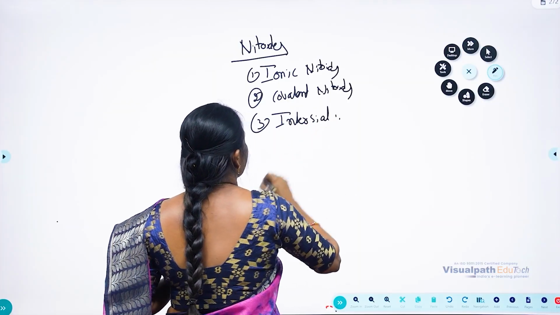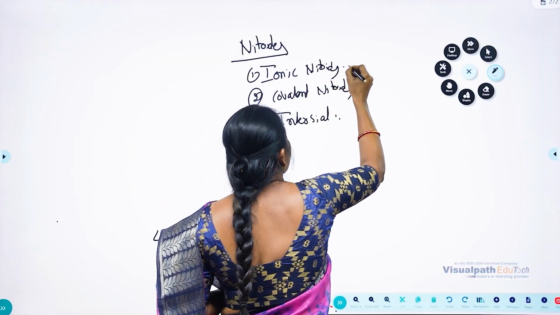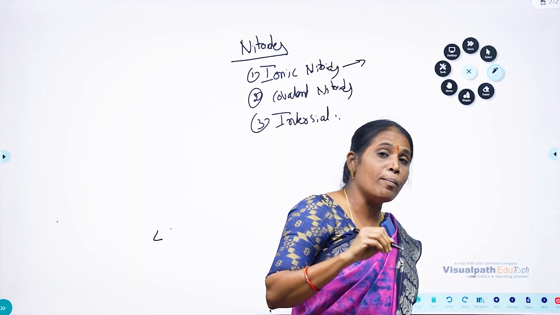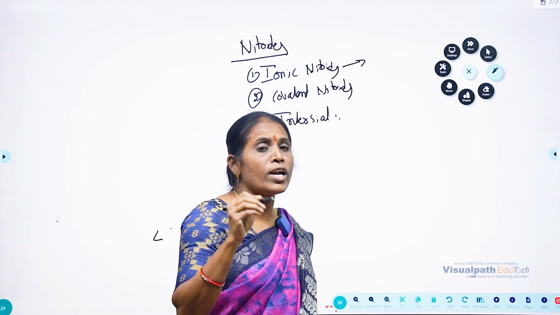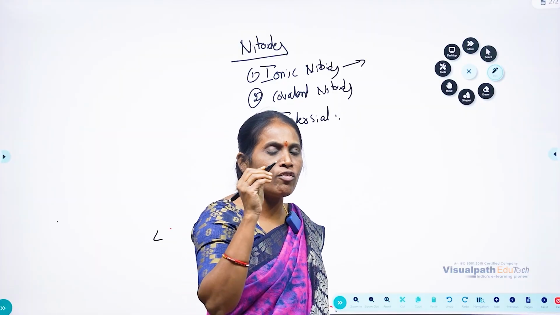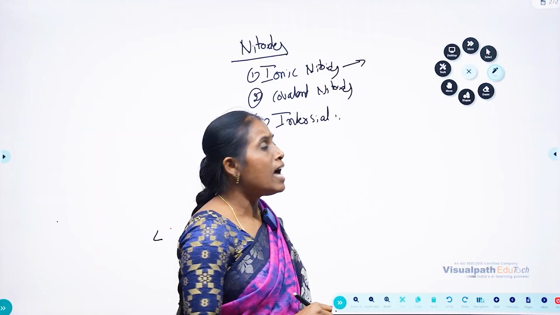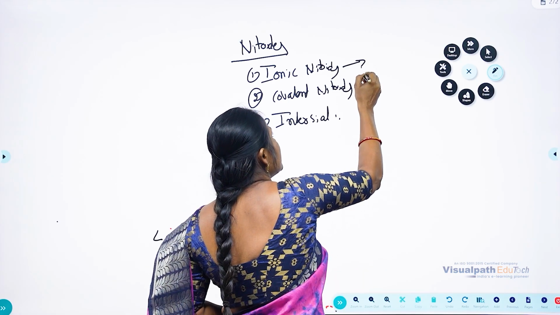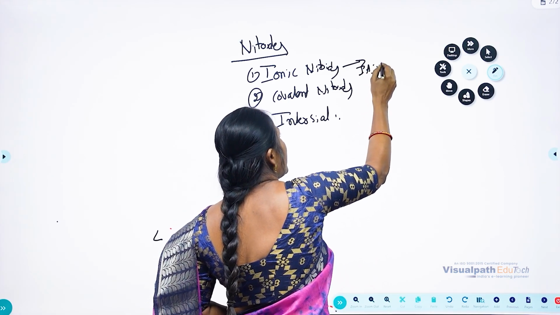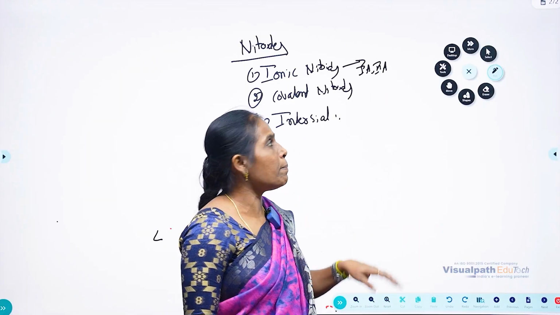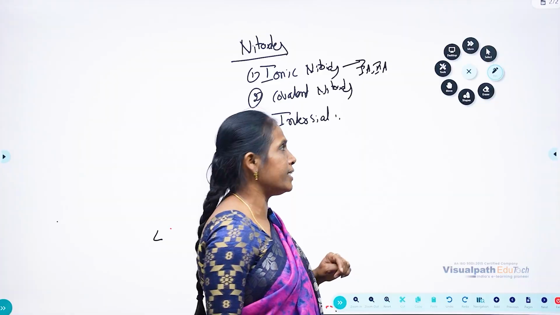Ionic nitrides means the bond formed is due to the high electronegativity or high electropositivity of the elements. Generally, first A and second A group elements participate, which means alkali and alkaline earth metals participate in these ionic nitrides.